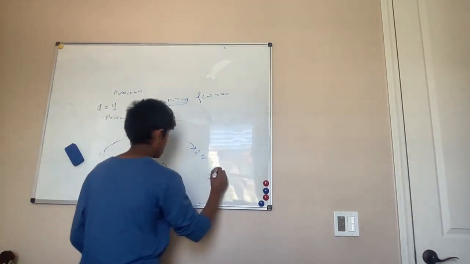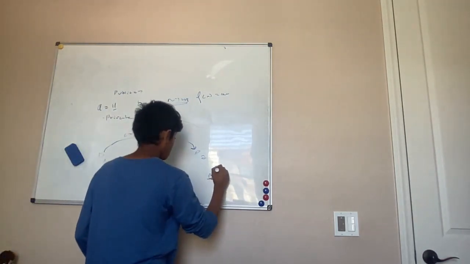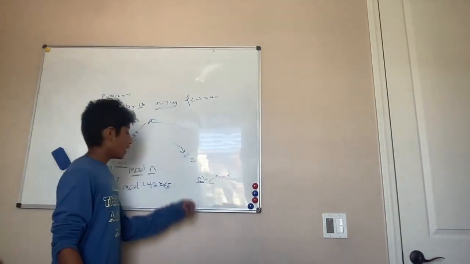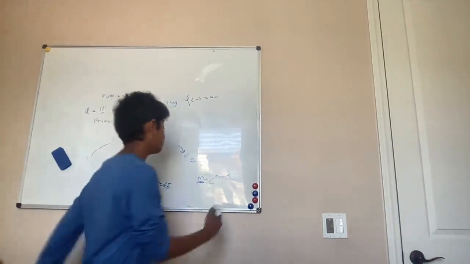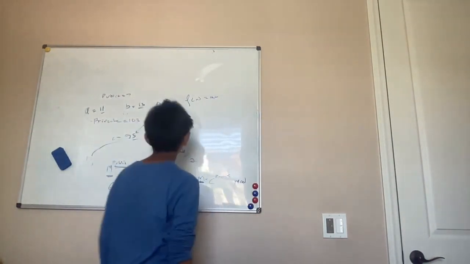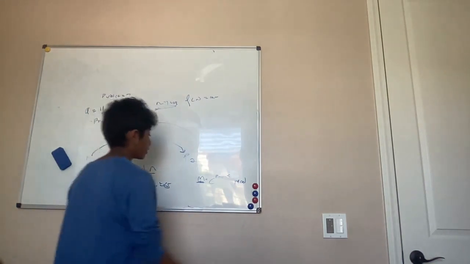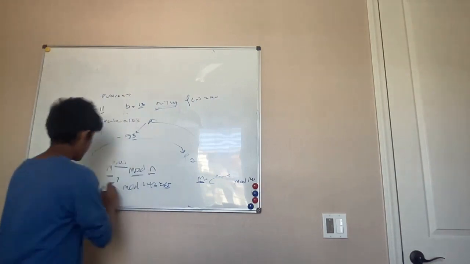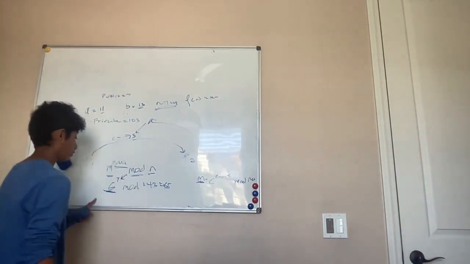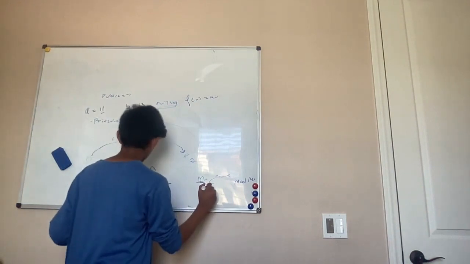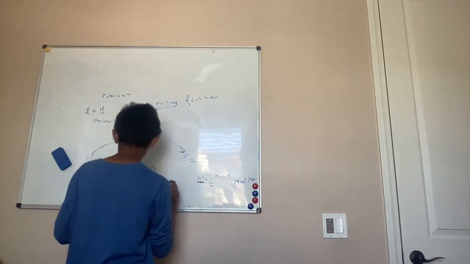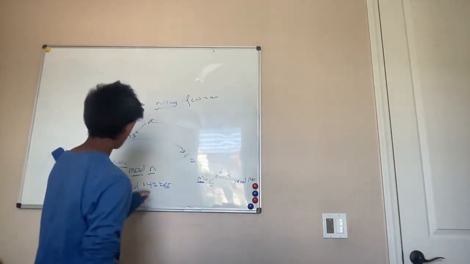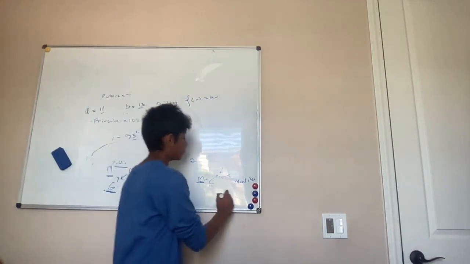So m equals our cipher to the power of our private key, and that has to be mod 143. Both of them are mod 143. So hopefully if we calculate this, we're just going to get a value of 6 back.